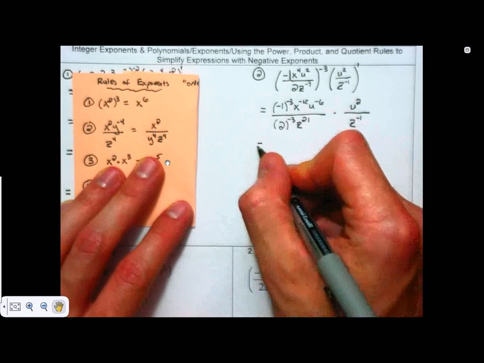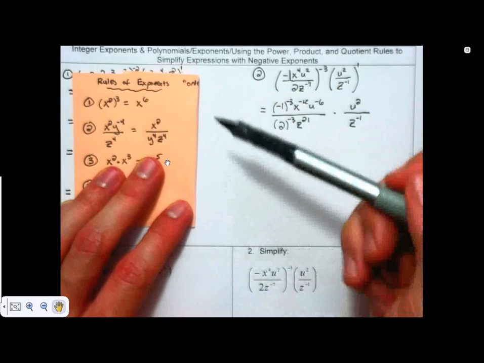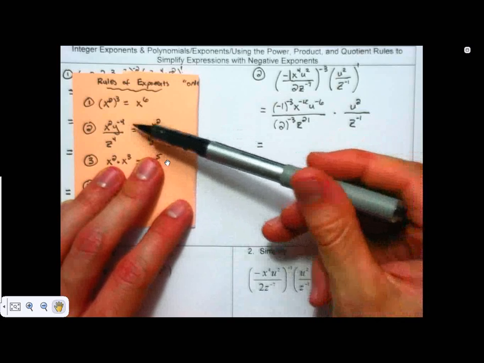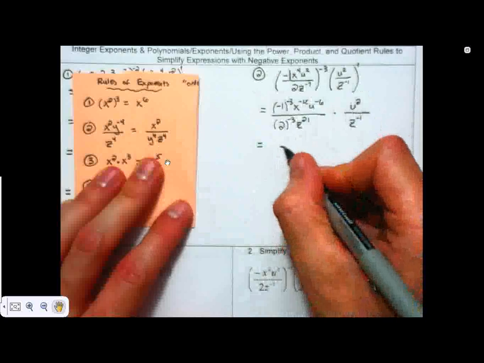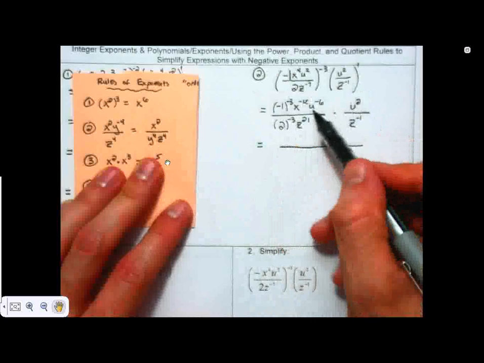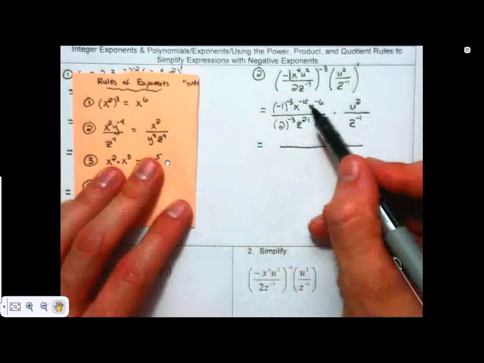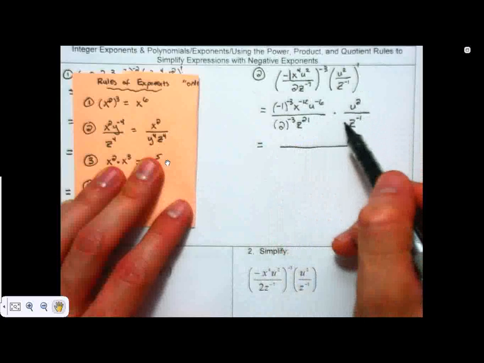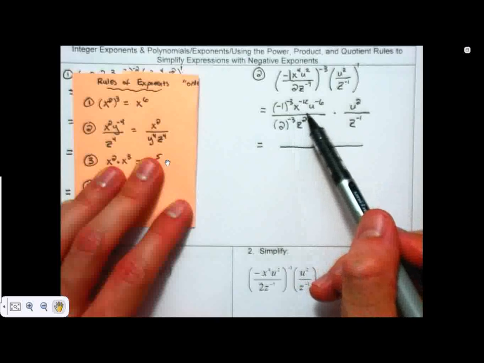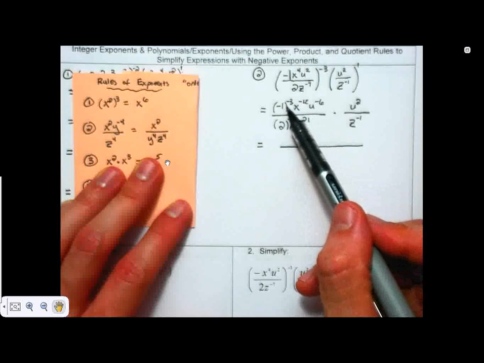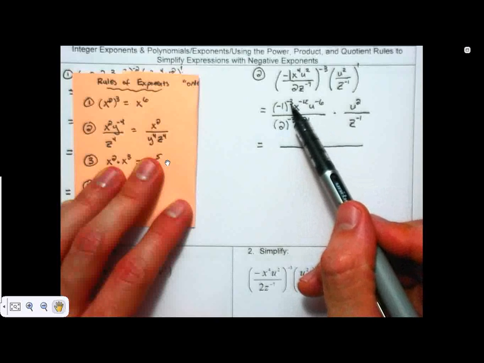Okay, next step is to, again, take care of any negative exponents. So to do that, I just make one fraction bar. Since I'm multiplying these fractions anyway, I would just be multiplying tops and bottoms. So let's see what's going to stay and what's going to go. If I look at the top, I've got negative 1 to the negative third power.